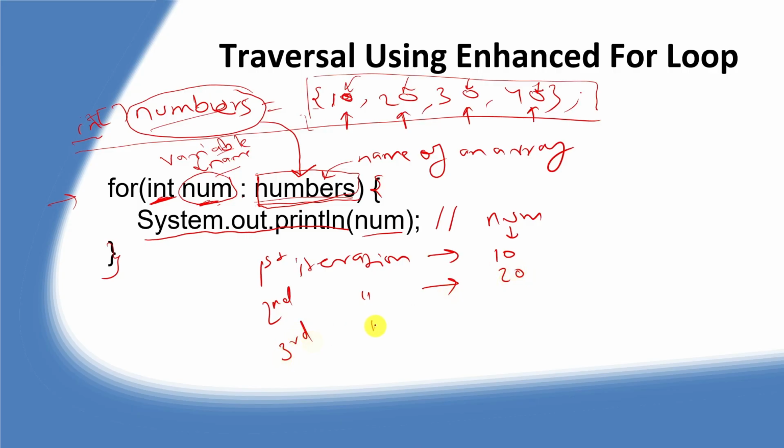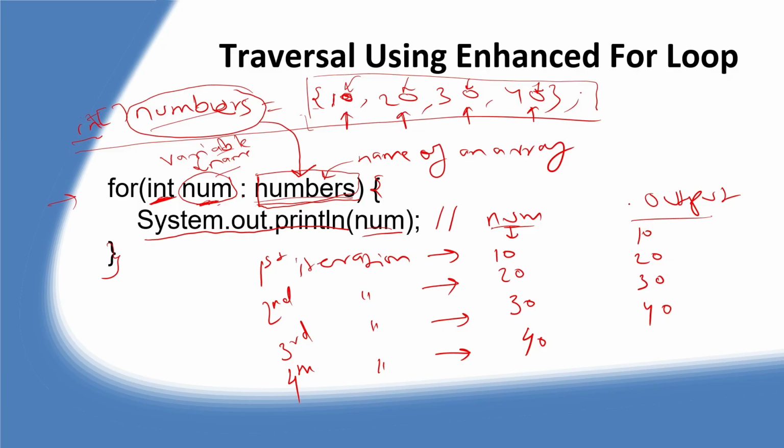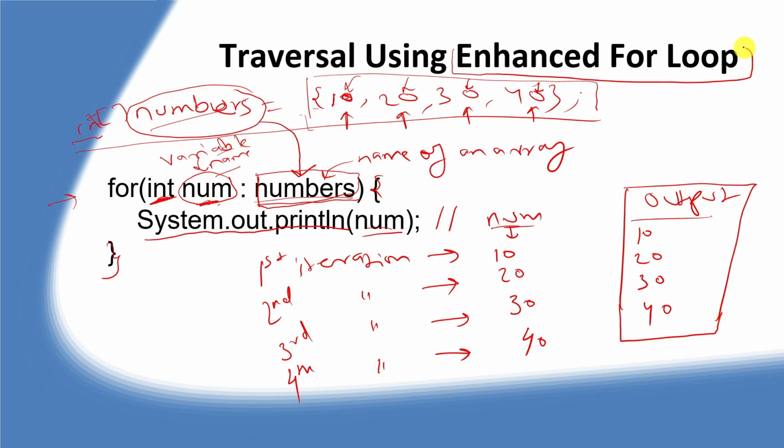For the third iteration we'll get 30, and likewise for the fourth we'll get 40. So these are the values we are getting of num in each iteration. Inside the for block, for each iteration we are printing, so the output will be 10, 20, 30, 40. So this is the enhanced for loop.